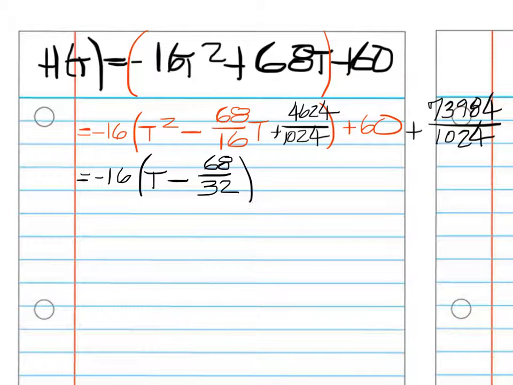And then close it, square the quantity, and then simplify this out here with your calculator. Do the division first. 73,984 divided by 1024, and then add 60 to that. And it will be plus 132.25.